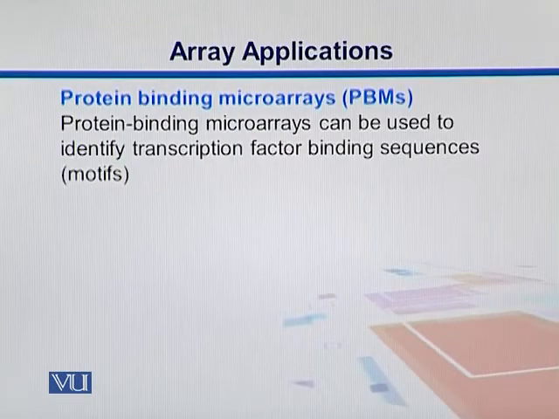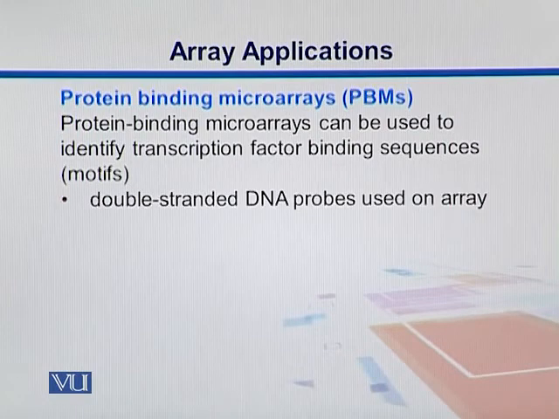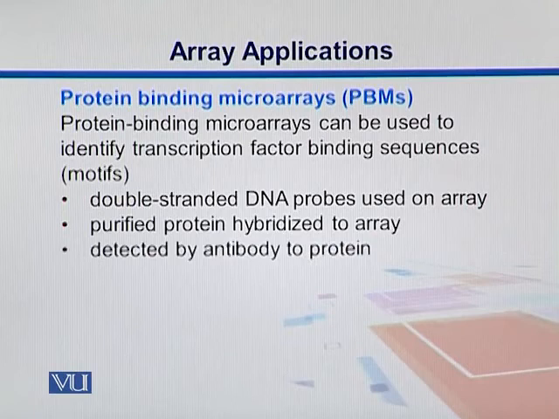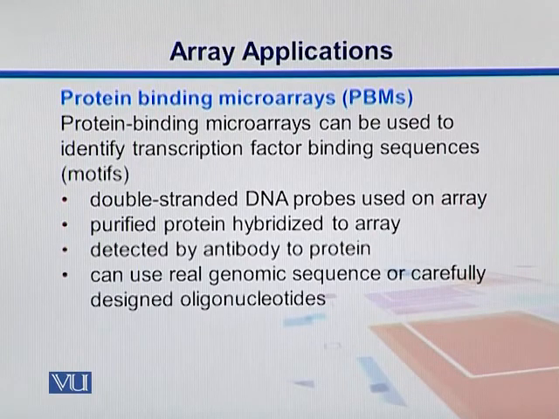Protein binding microarrays, we call them PBMs. Protein binding microarrays can be used to identify transcription factor binding sequences or motifs. We take double-stranded DNA probes used on the array, purify protein hybridized to the array, and detect those proteins with the help of antibodies.